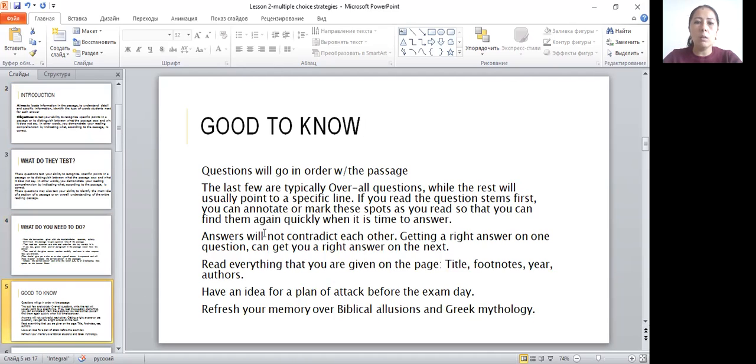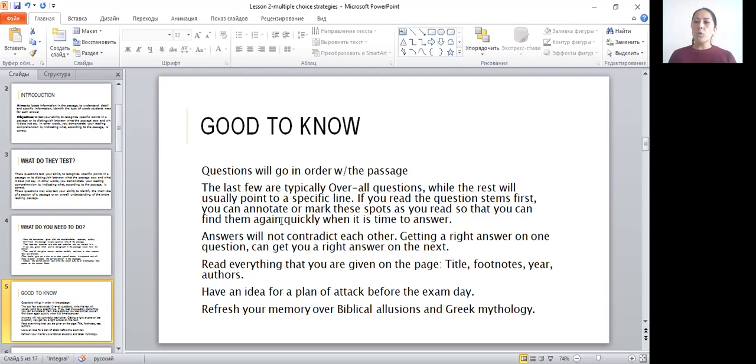First of all, they typically include overall questions, and for some of them you should know the gist of the idea. If you read the question stems first and annotate or mark the passage, it will be very beneficial for finding the answers very quickly.